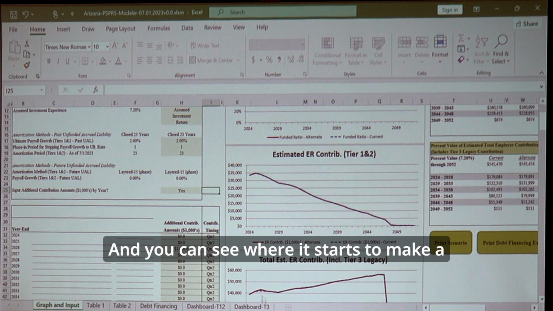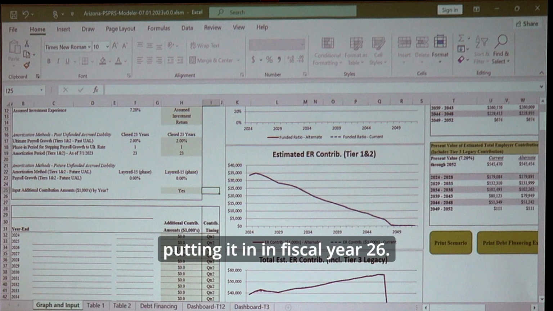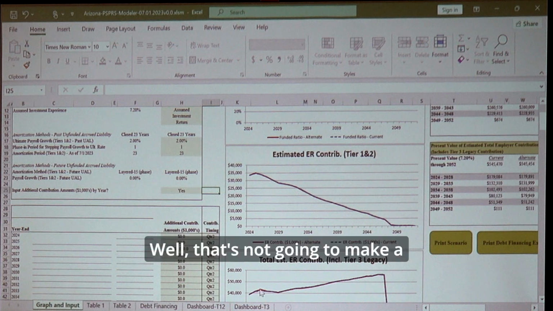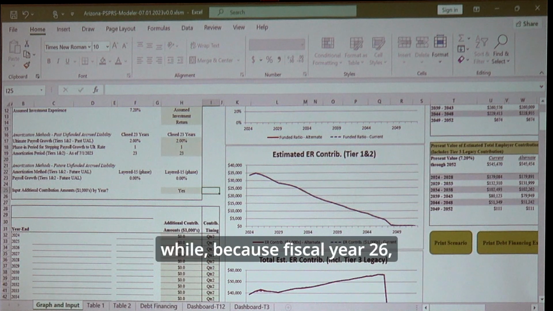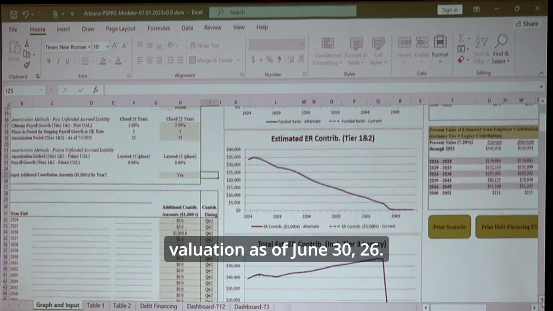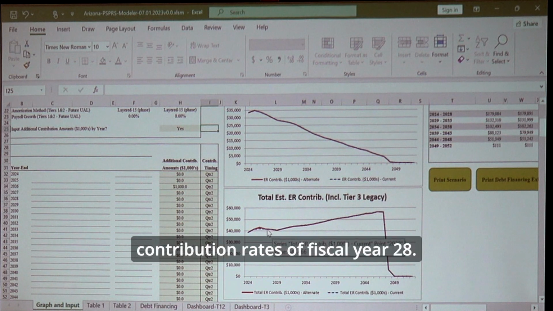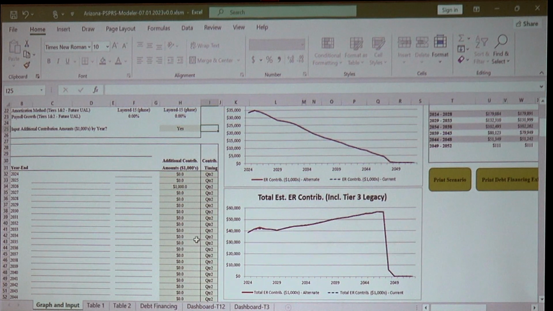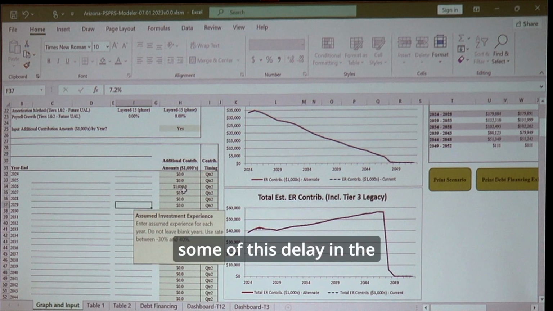And you can see where it starts to make a difference, but I'm putting it in fiscal year 26. Well, that's not going to make a difference in the contribution rate for a little while, because fiscal year 26 would be in the actuarial valuation as of June 30, 26. So it's going to affect the contribution rates and things down here in fiscal year 28. So just know that there's going to be some delay in the time.